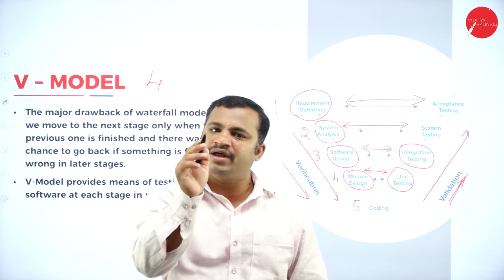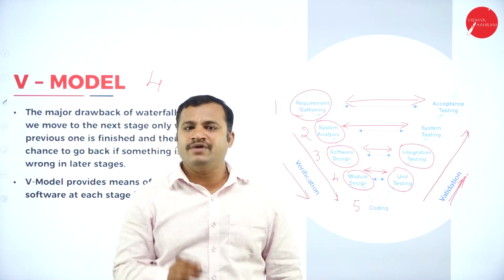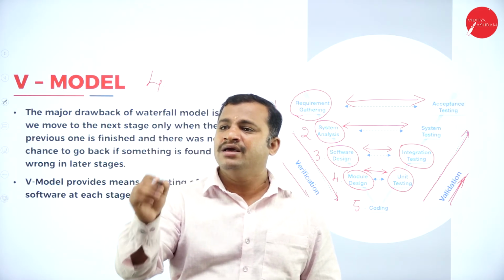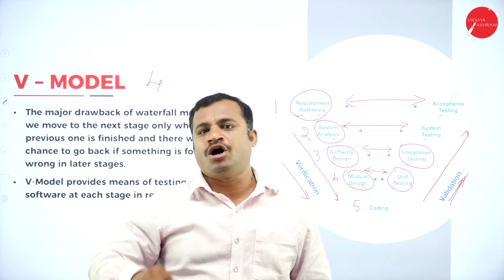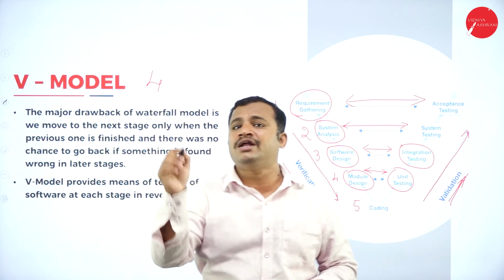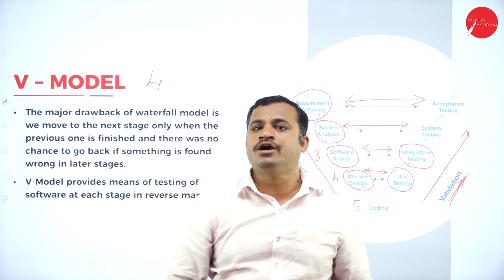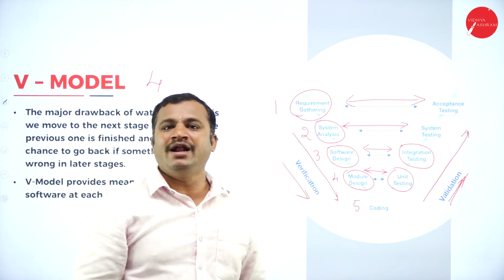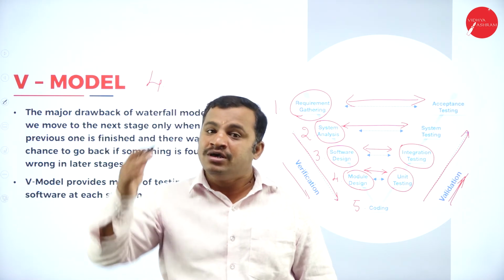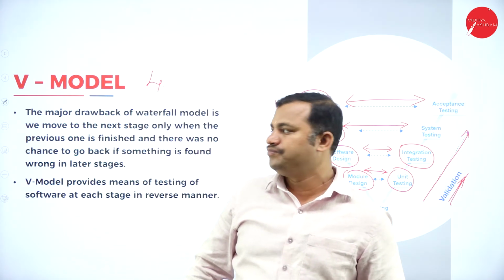Verification and validation. Verification means everything that is required by the client is met in this or not. Validation means the code which is developed by the developer is working according to his requirements or not. That is called validation. So both verification and validation are carried out simultaneously in case of the V model.